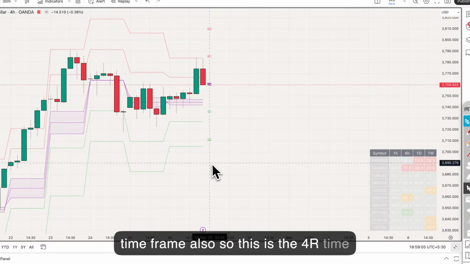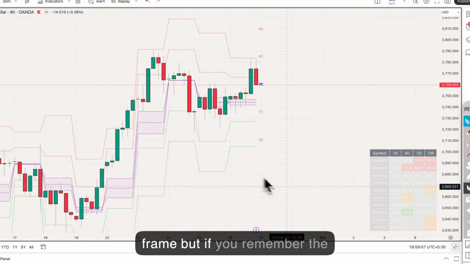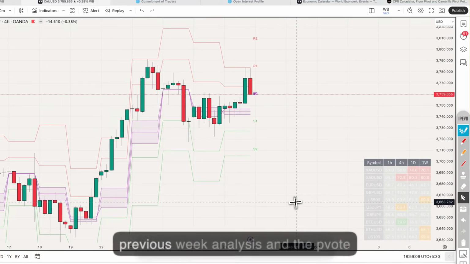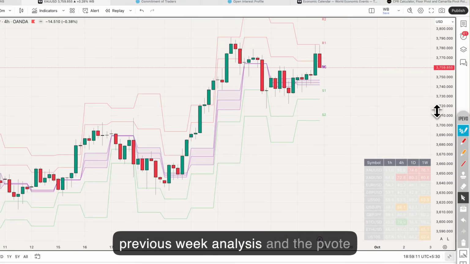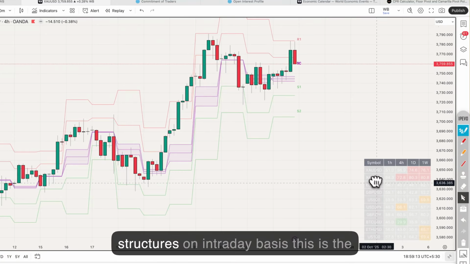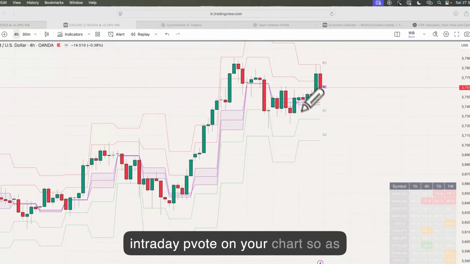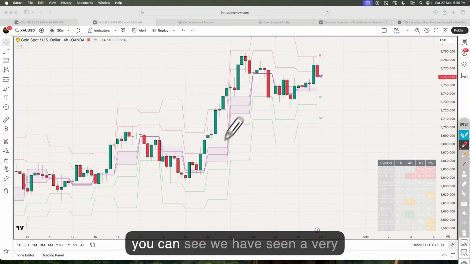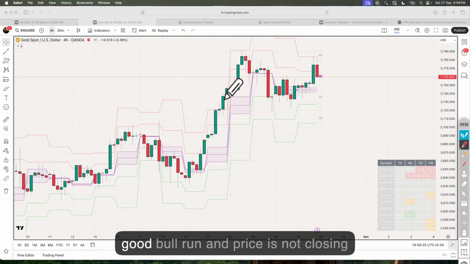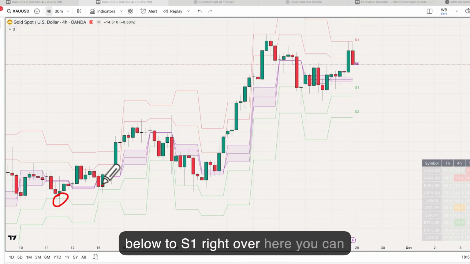This is the 4-hour time frame, and if you remember the previous week's analysis and the pivot structures on an intraday basis, this is the intraday pivot on your chart. As you can see, we have seen a very good bull run, and price is not closing below S1 right over here.